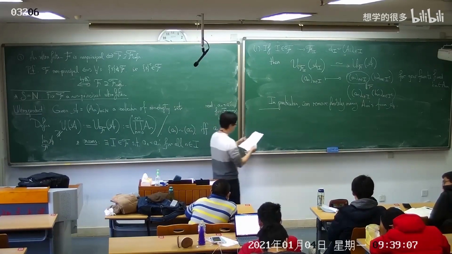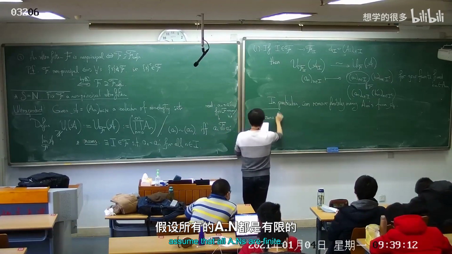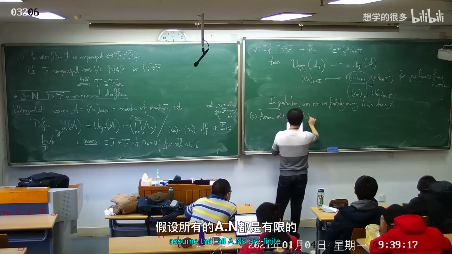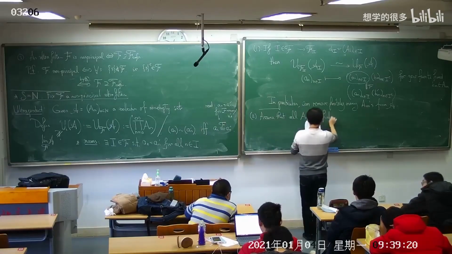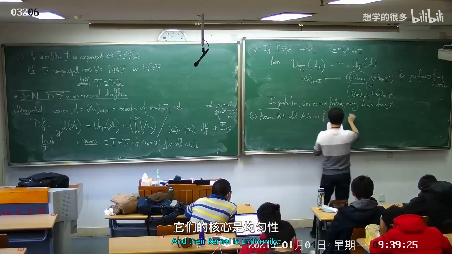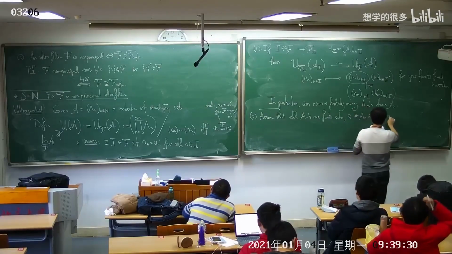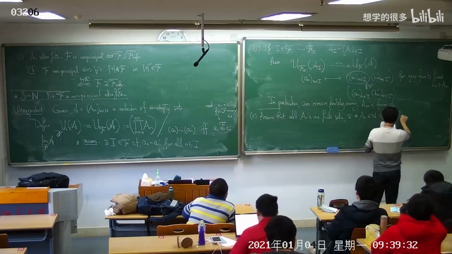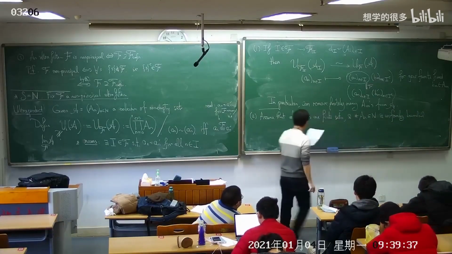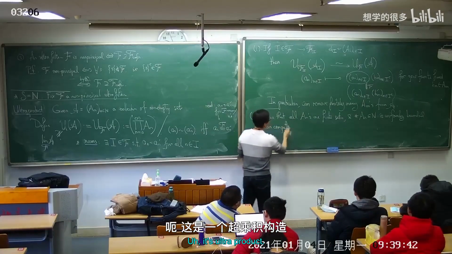Okay. Two. Assume that all A_n are finite sets, and their cardinality is uniformly bounded by some big integer N. Then I can compute this ultra product.